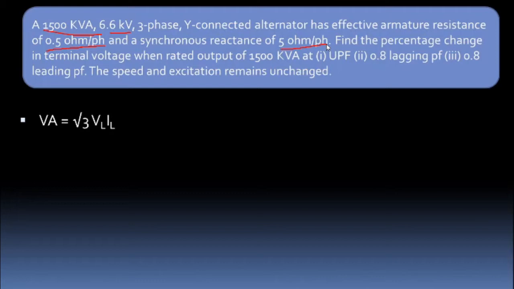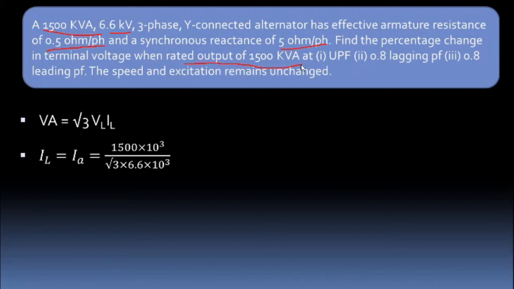So if kVA equals root 3 VL IL, from this we can easily get the value of IL, because ultimately we need to find the voltage regulation for rated output. For that we will first find the value of current. IL is nothing but load current, and IL is nothing but armature current as well.